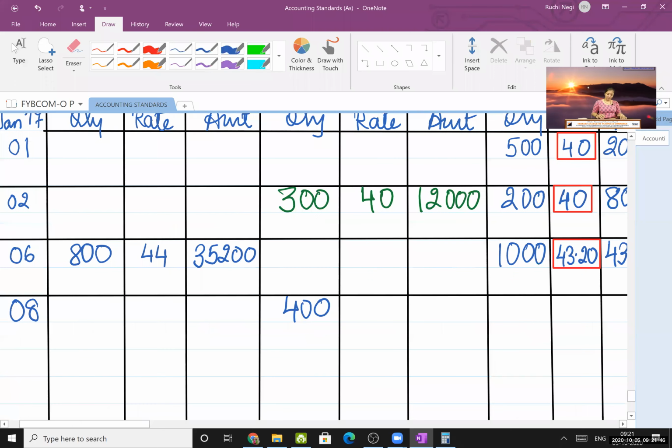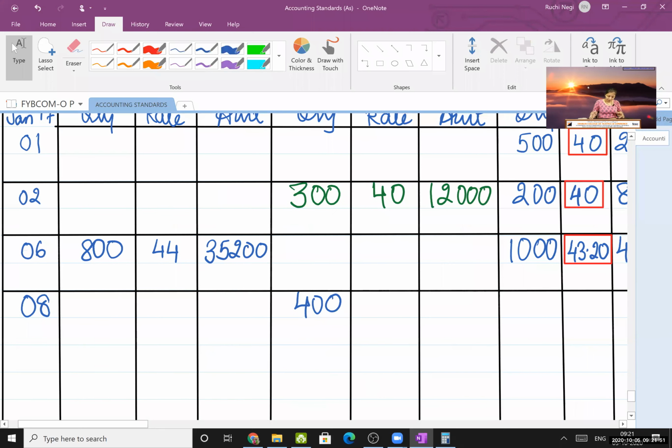Now what is the date before 8th? It is 6th. So what is my weighted average rate? This 43.2. So I will sell at that price because it is the weighted average cost method. So don't forget all these minute details. These are very important.